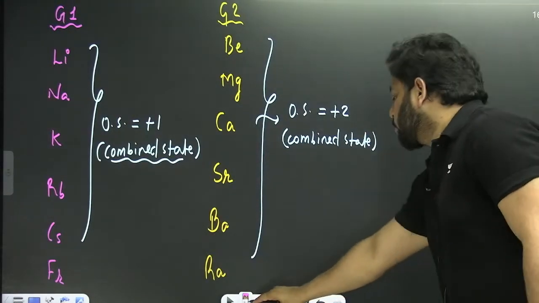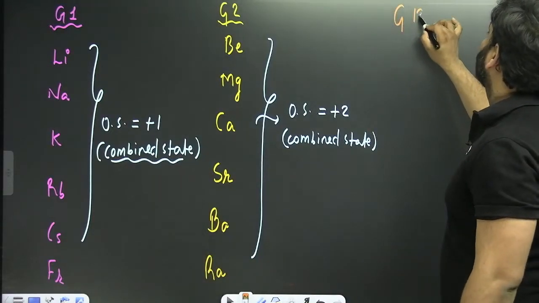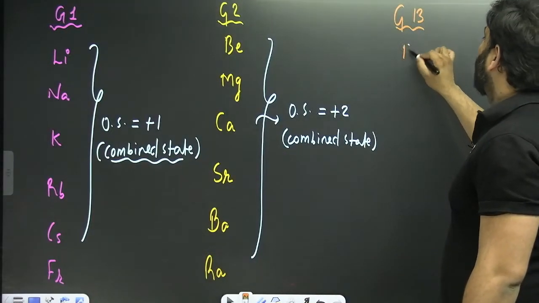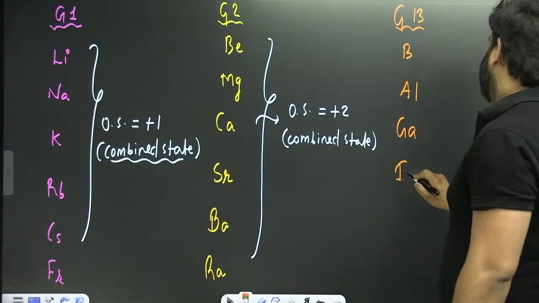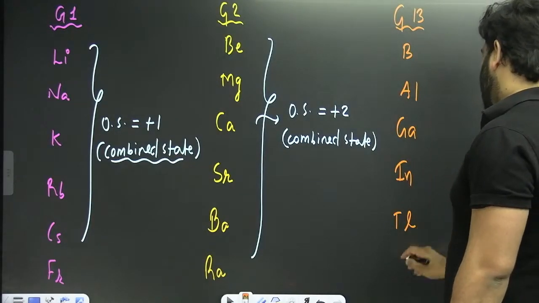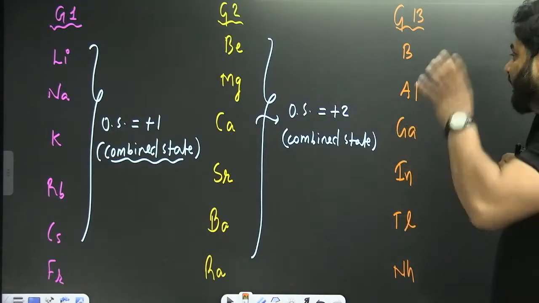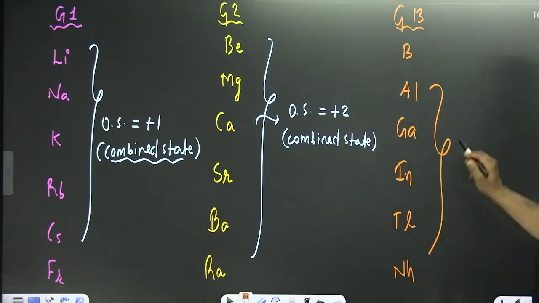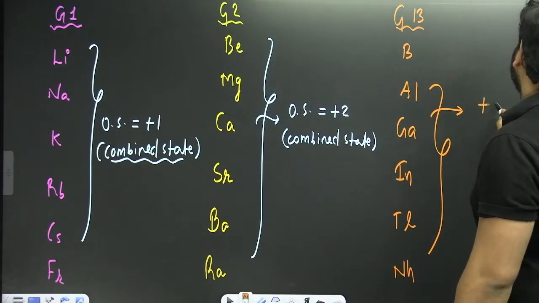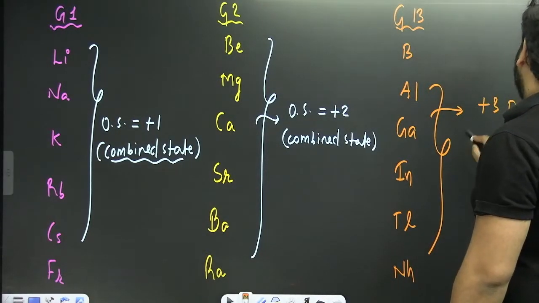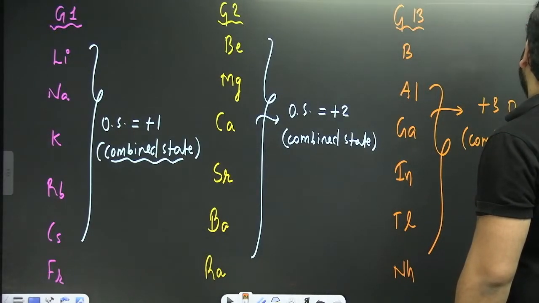Now I take you to group number 3, no, it's group 13 actually. So boron, aluminium, gallium, indium, thallium, Nh. Now it starts varying with its oxidation state, because from aluminium onwards these are typically electropositive elements and they have +3 oxidation state in their combined state whenever combined with any element.